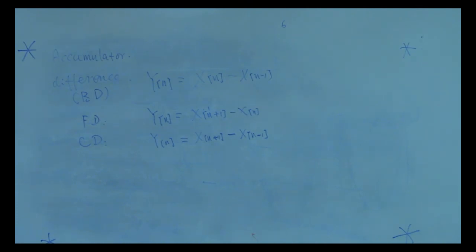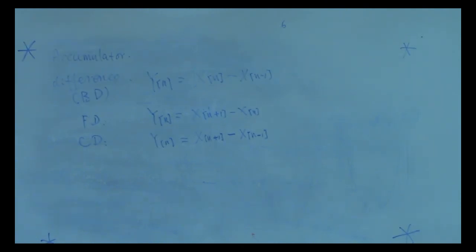Differentiation gives us the slope, so the slope at that time equals infinity. So the output equals delta t, which is infinity when t equal to 0. So that's not stable.